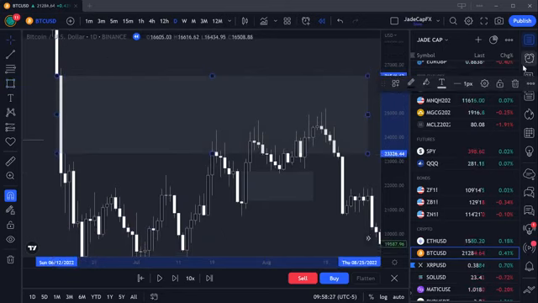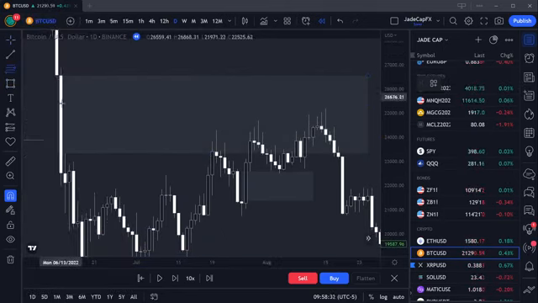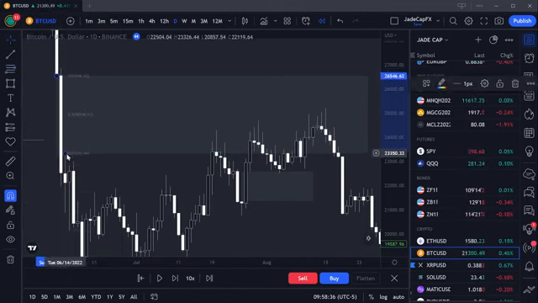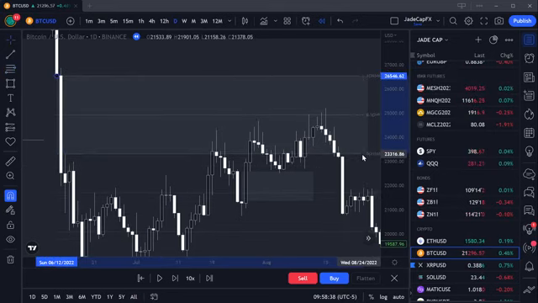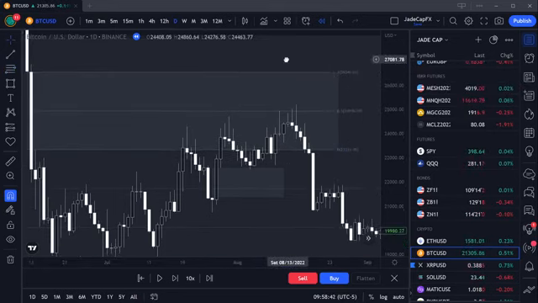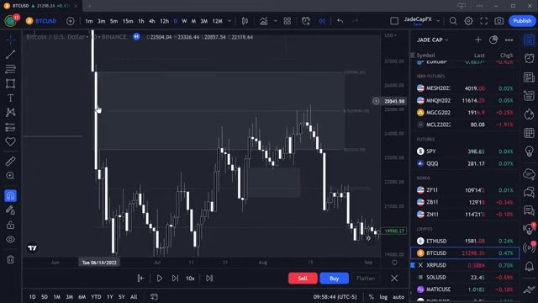Now, it gets a little more hairy when we think about what is inside of this inefficiency. Well, there's additional levels inside the inefficiency. There's a premium and discount inside of the inefficiency. Right? If there's a major inefficiency like this and it doesn't get all the way up in here, well, what are we looking for?